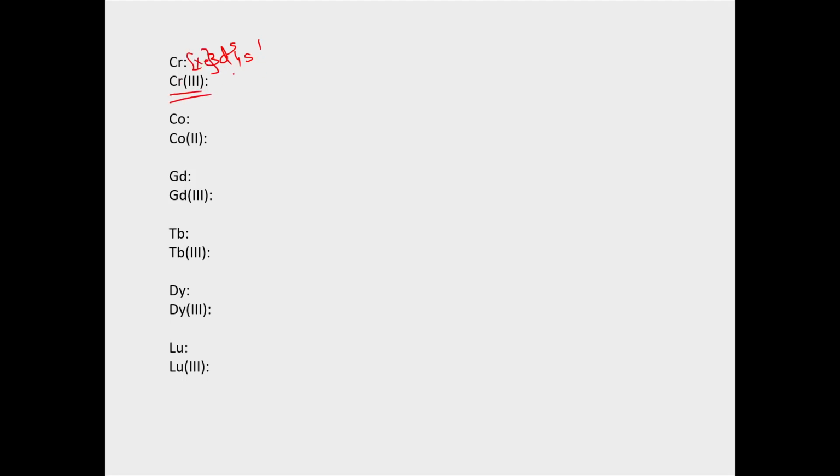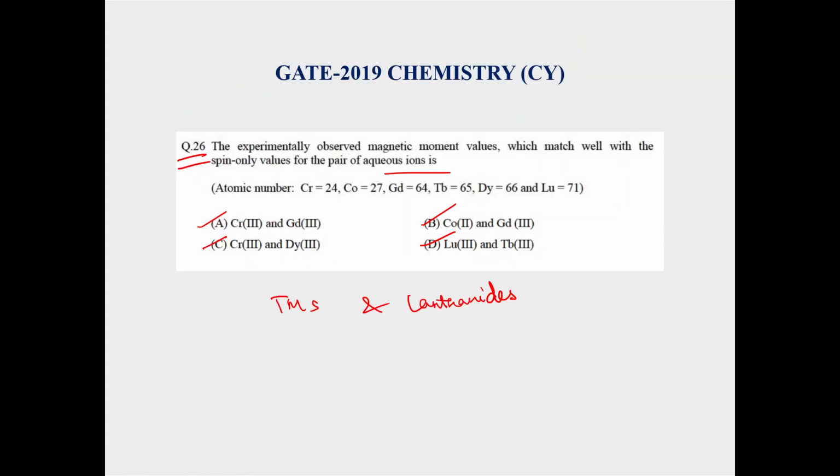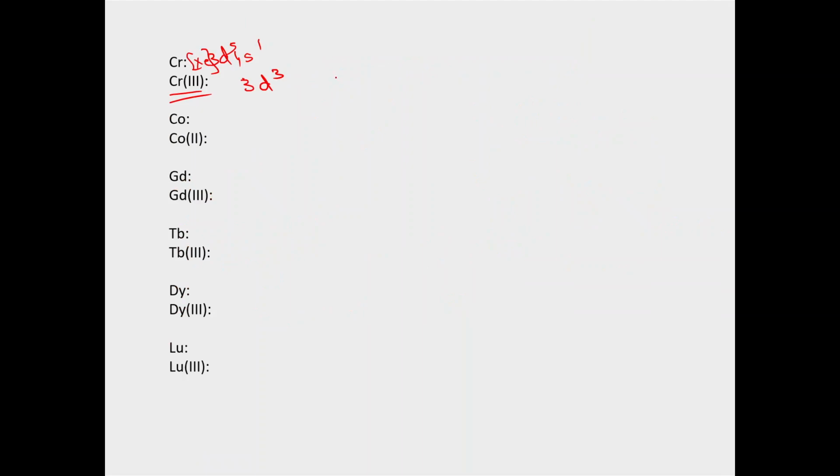So chromium in plus 3 will mean 3d3, so 3d3 means 1, 2, 3. Okay, d3 system.